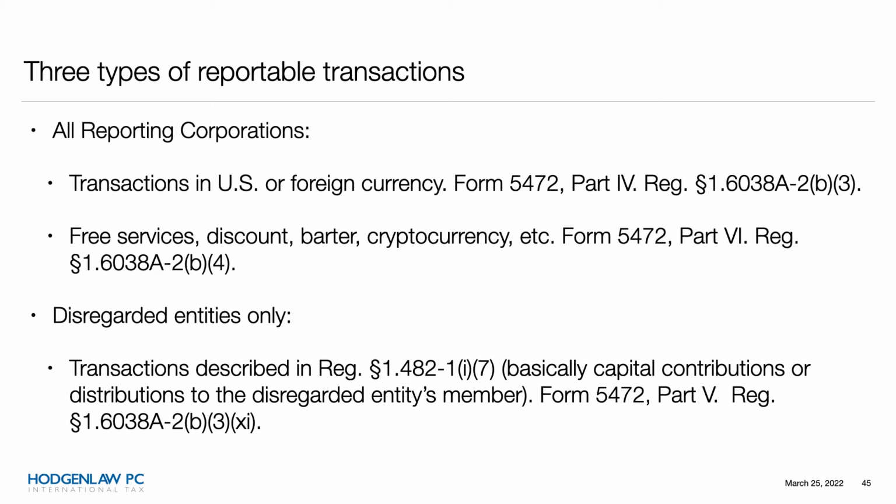And this is consistent with the plan where the government is not using this as a transfer pricing tool to smoke out bad stuff. They're using the Form 5472 for the disregarded entities as a method for identifying people who are using domestic U.S. entities, domestic in the U.S. entities in the domestic sense, for skanky purposes, namely hiding assets or tax evasion in the other country and things like that.